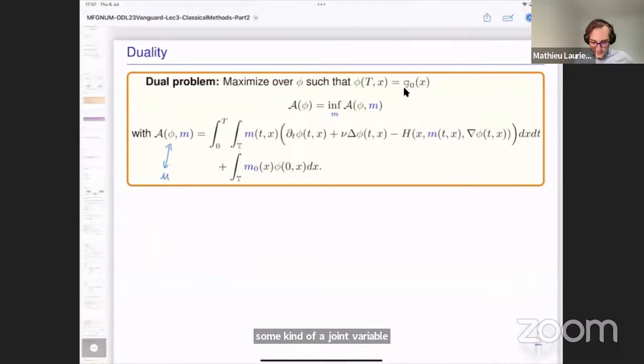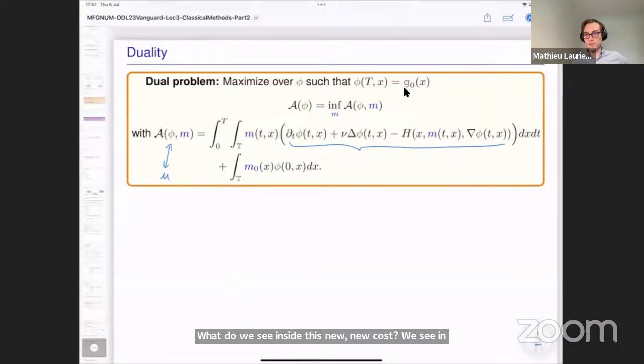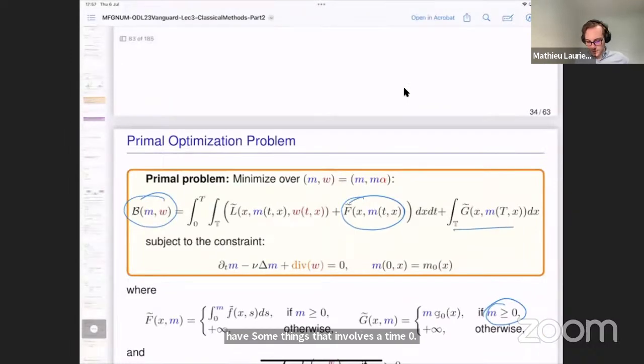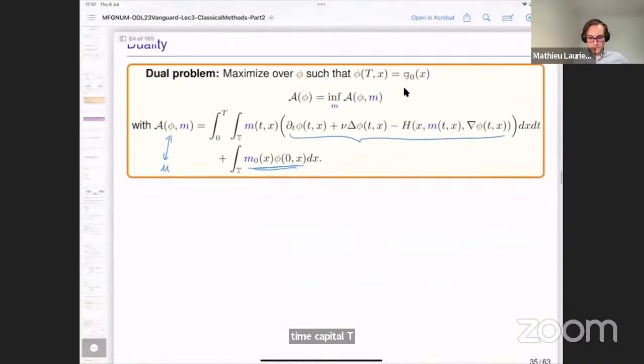What do we see inside this new cost? We see, in fact, the HJB equation. So this is what we had in the HJB equation. And here we have something that involves time 0, whereas here we had something that involved time capital T in the primal problem.